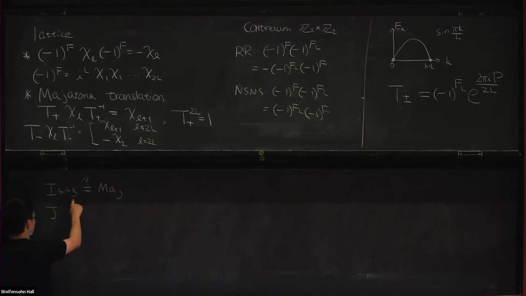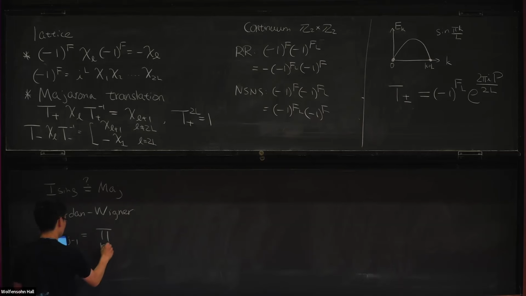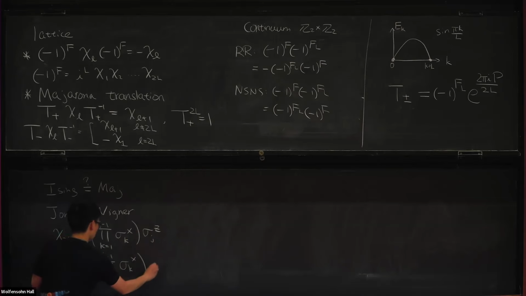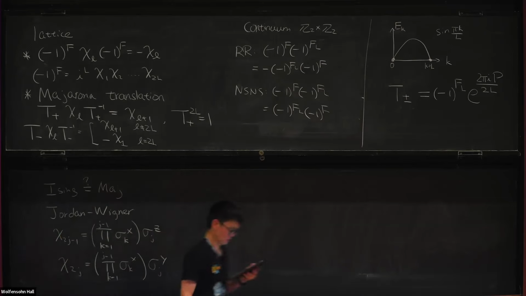And the reason we usually say the Ising model is the same as the Majorana model is because we can do the Jordan-Wigner transformation. In the Jordan-Wigner transformation, you write the fermions in terms of the spin variables. And you can easily check that this change of variable is consistent with the algebra on the two sides.